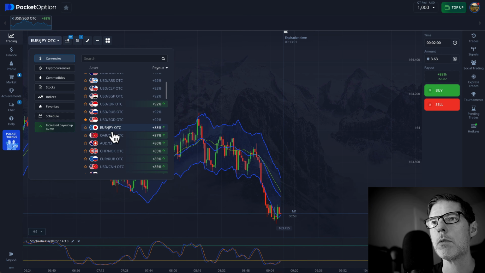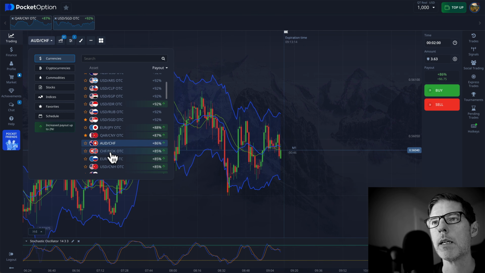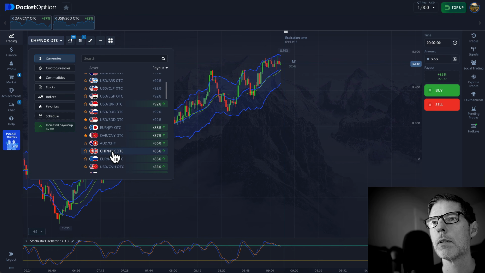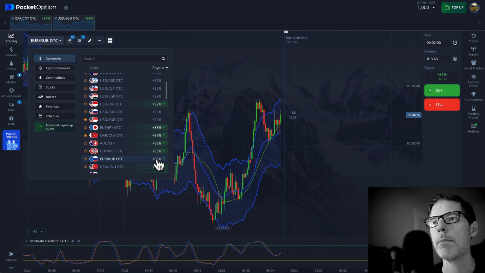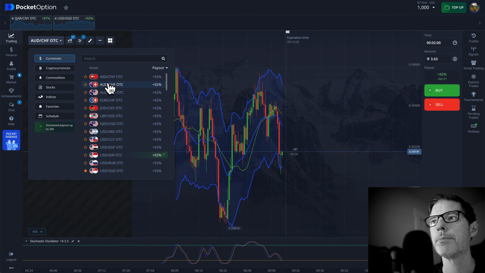Euro JPY OTC. This looks like it may have potential. The payout is a little bit lower though, 87%. I will go ahead and favorite that. Here's a live market, USD CHF, but it's going sideways. And now we're down here to the 80s on the payouts. So I'll scroll back up and start from the top again.